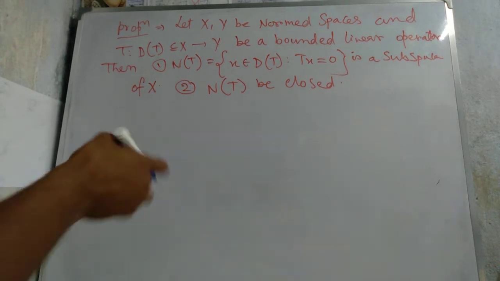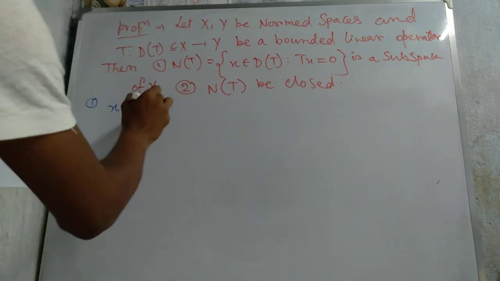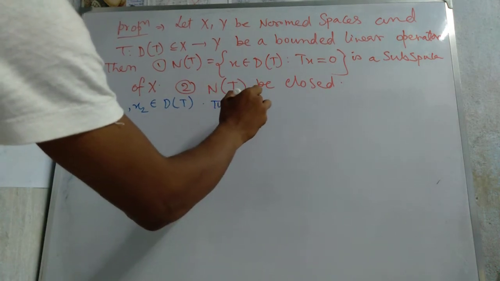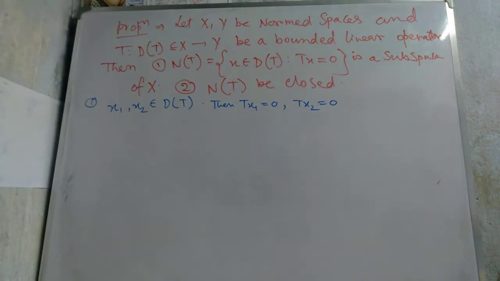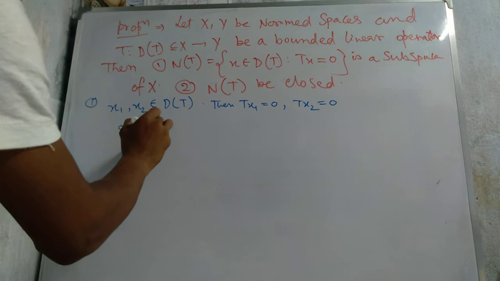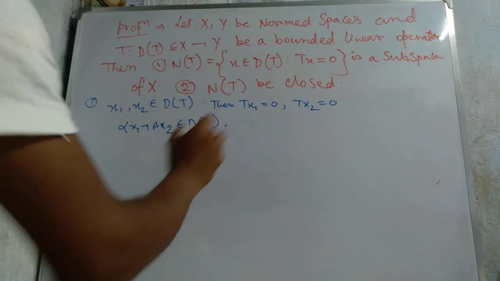We construct it in this way: x₁, x₂ belong to D(T), then Tx₁ equal to 0, Tx₂ equal to 0, and we construct αx₁ plus βx₂ belongs to D(T) because D(T) is a subspace.